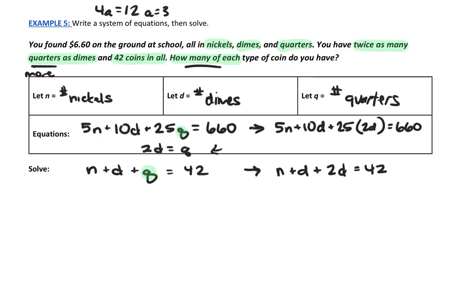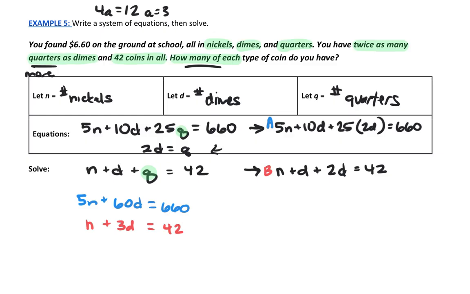I've gotten rid of the Q. So we'll call this equation A and this equation B. So I'm going to put those over here. So I have 5n plus 10d plus 50d. So I'm going to go ahead and combine that to 60d is equal to 660. And I have n plus 3d is equal to 42.